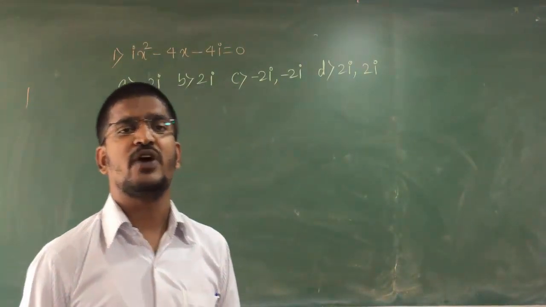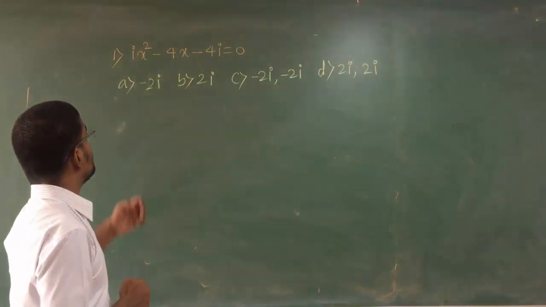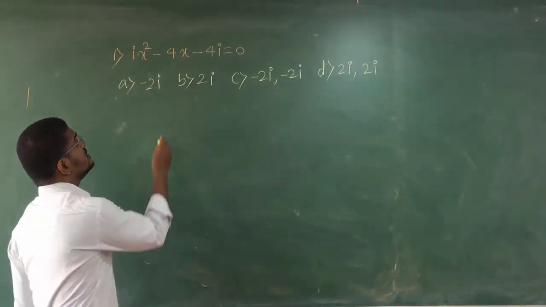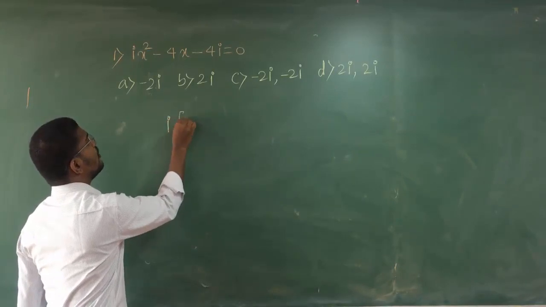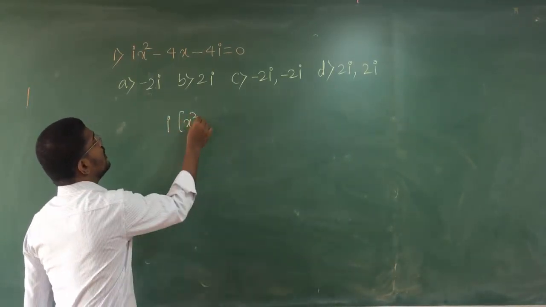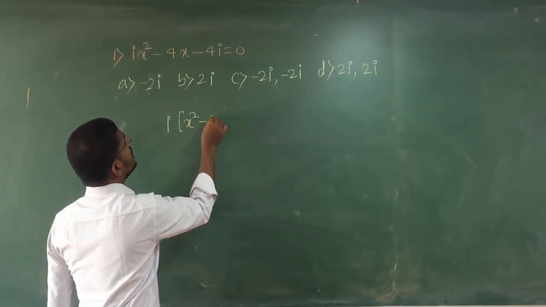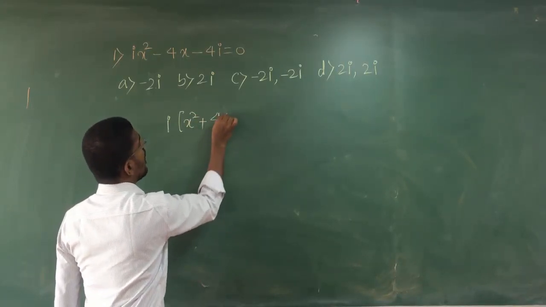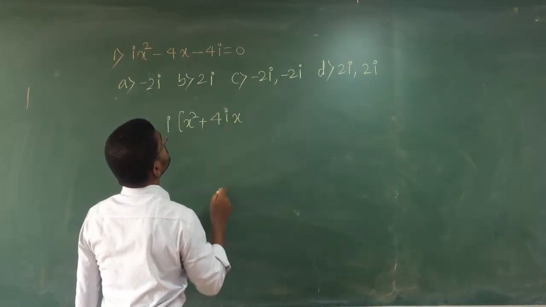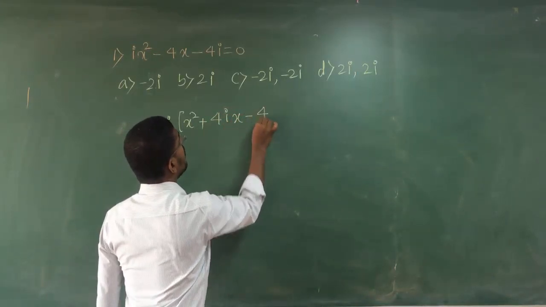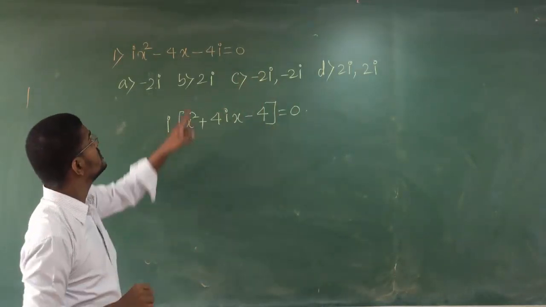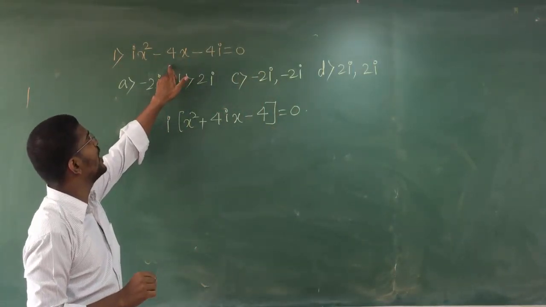Now we have to simplify this. Clear? So to simplify this, I will take the i term as common. See, I will take i term common. x square minus, it will be of the form plus 4i into x minus 4, that is equal to 0, because it will be 4 divided by i.